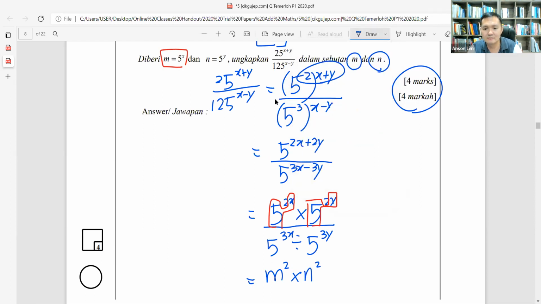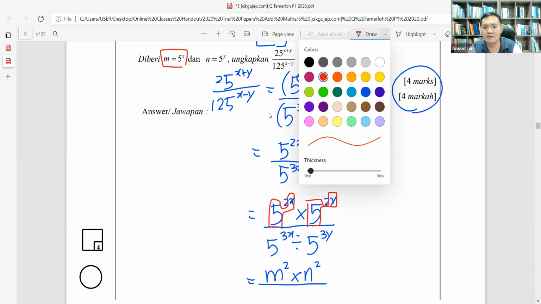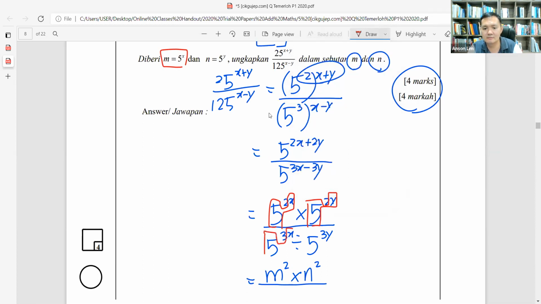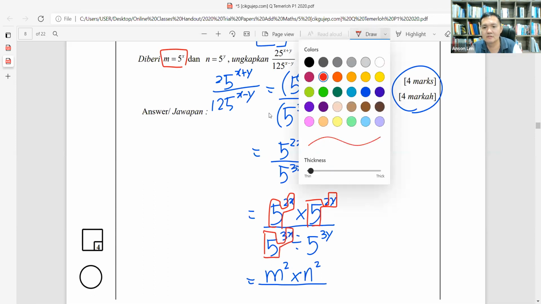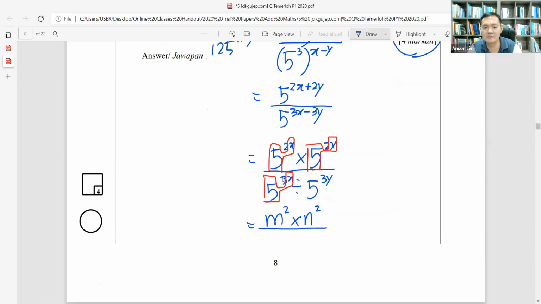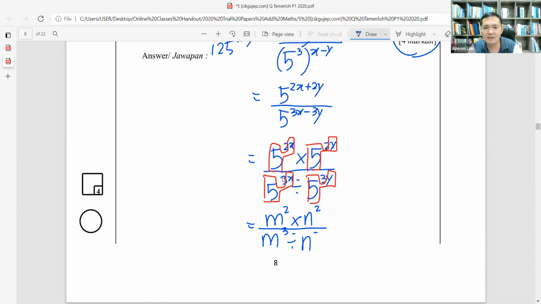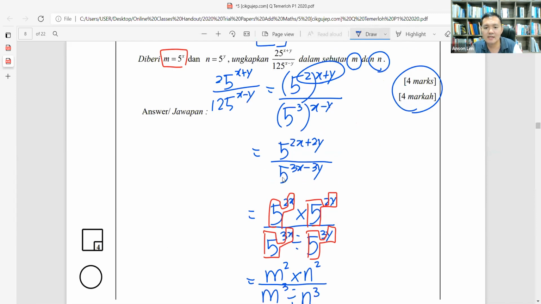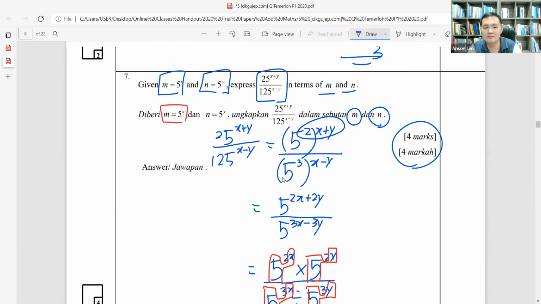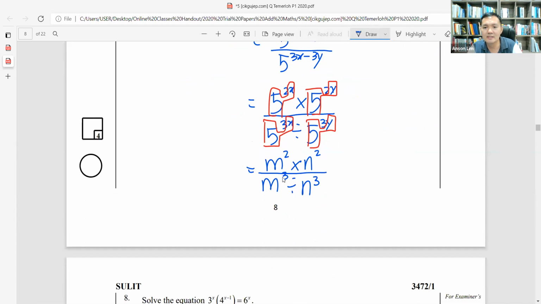N. Then 5 power of 3x, so you can change the 5 power x is m. Okay, check carefully, especially the divide. All these things have to be careful. N power 3, double check. Okay, so replace all in m and n already.